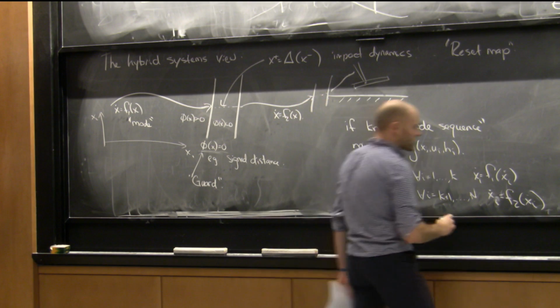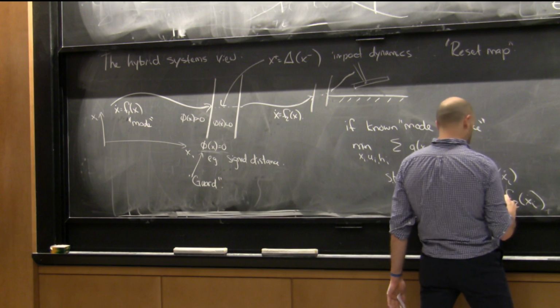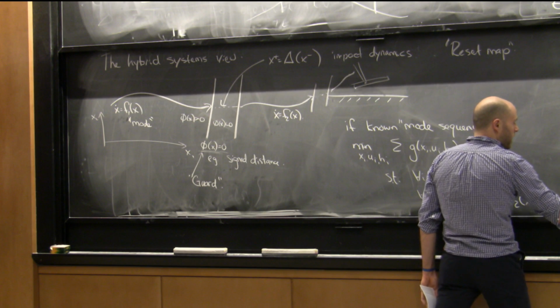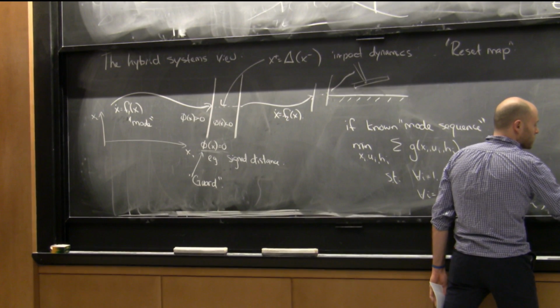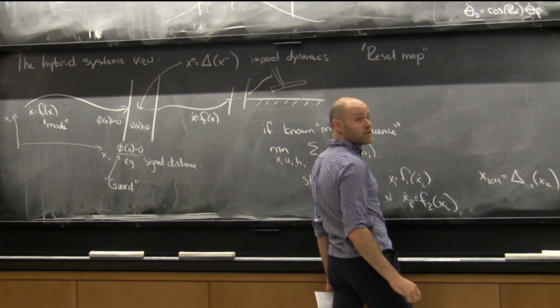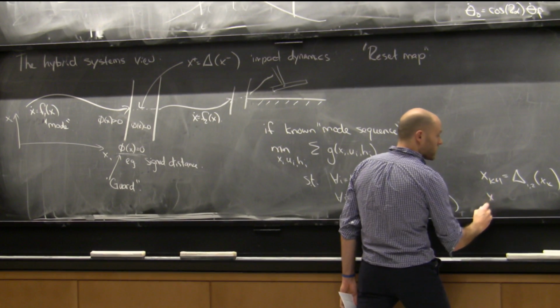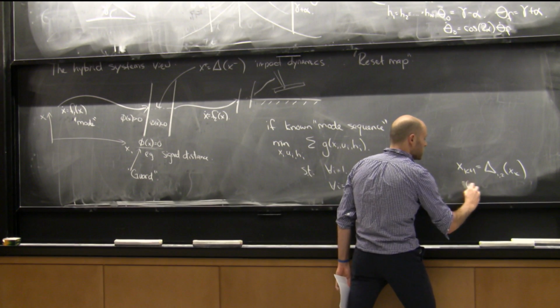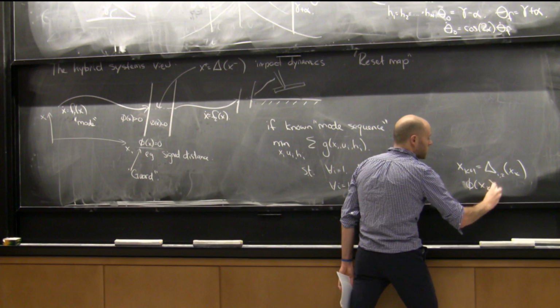And I'd like to write the constraints that x k plus 1 equals the reset from 1 to 2 of xk, and I'd like to make sure that phi of xk equals 0.